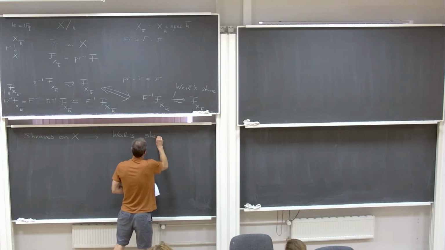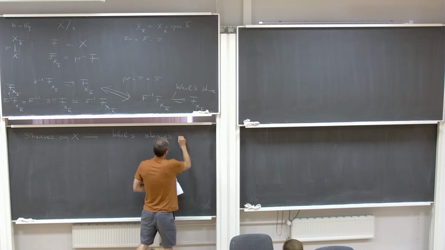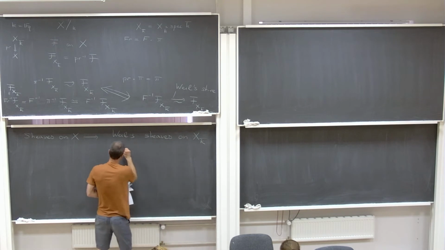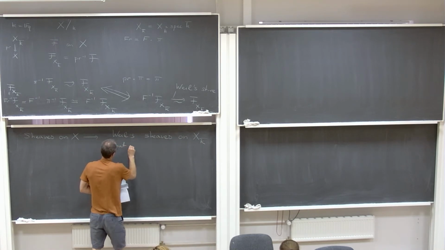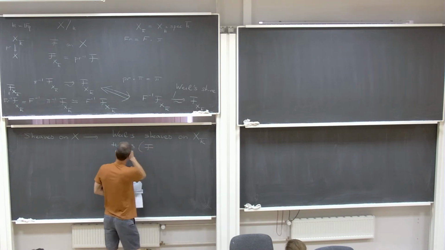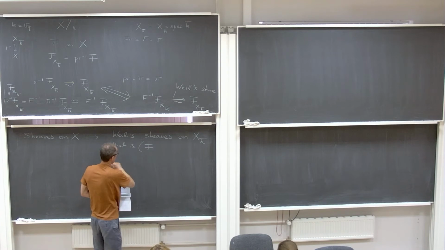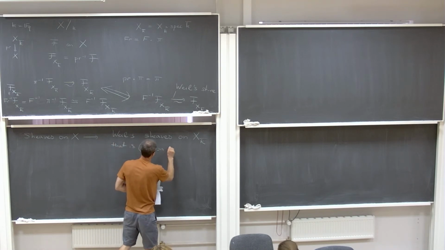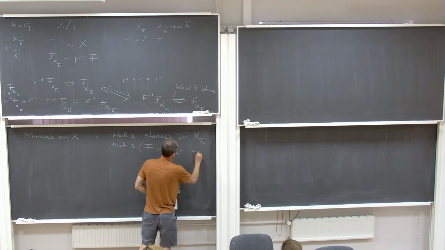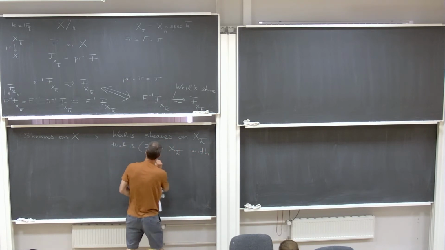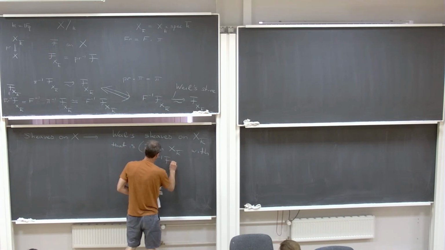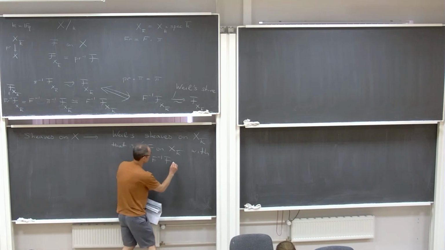Sheaves on X_k bar, and that is pairs consisting of F on X_k bar with an isomorphism between its Frobenius pullback, the geometric Frobenius, and itself.